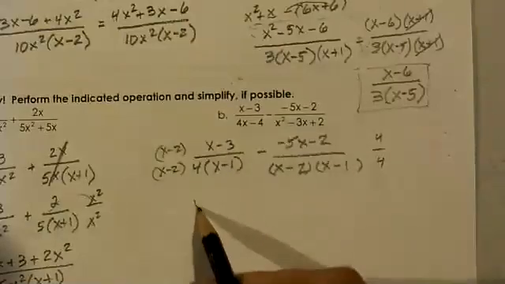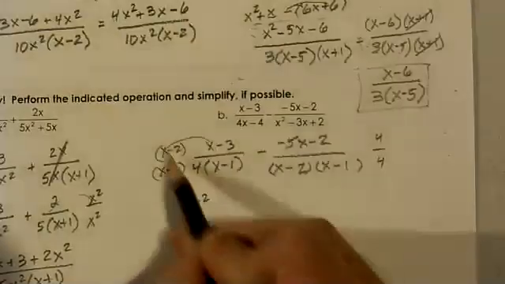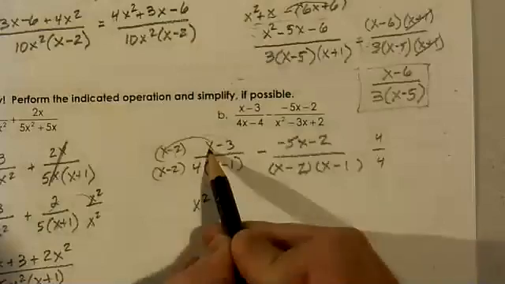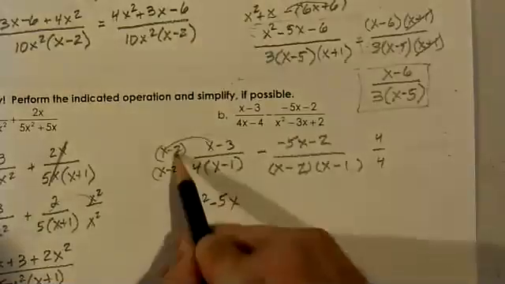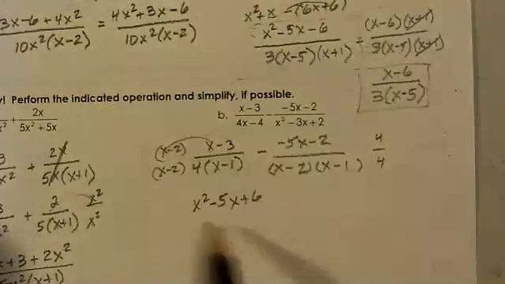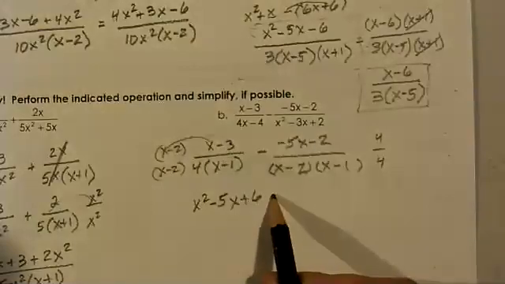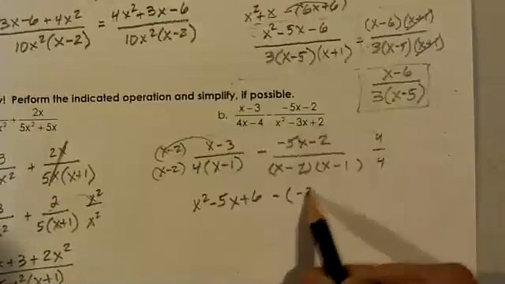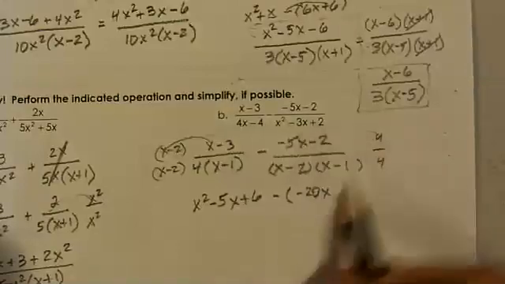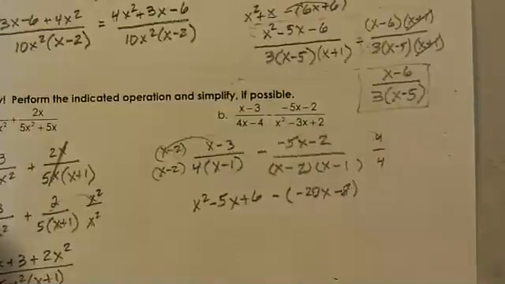So here we're going to get x squared minus 3 and minus 2 gives us minus 5 plus 6 minus a negative 20x minus 8.